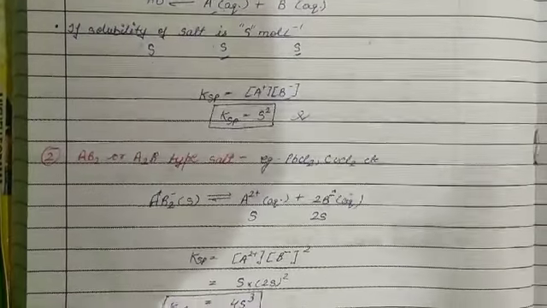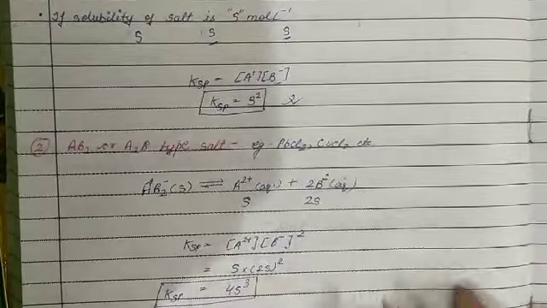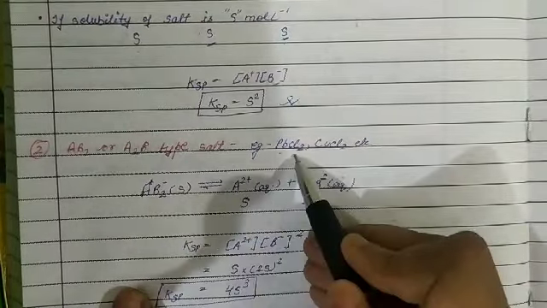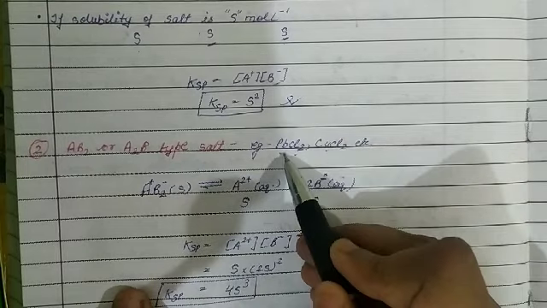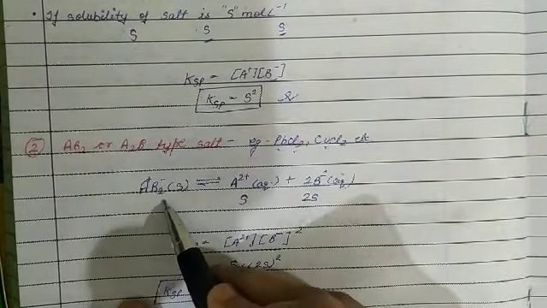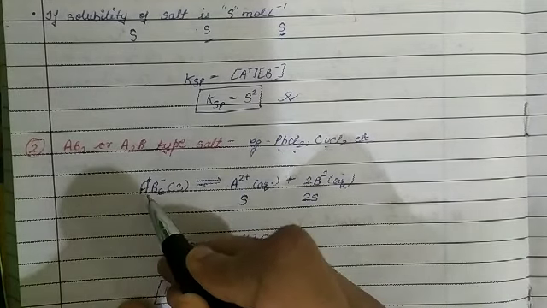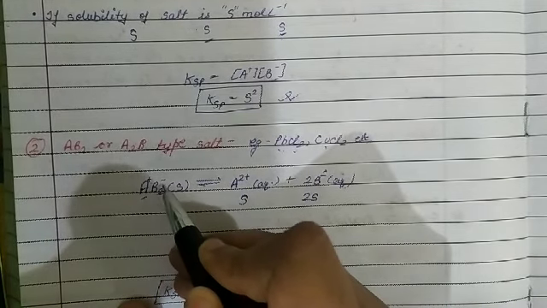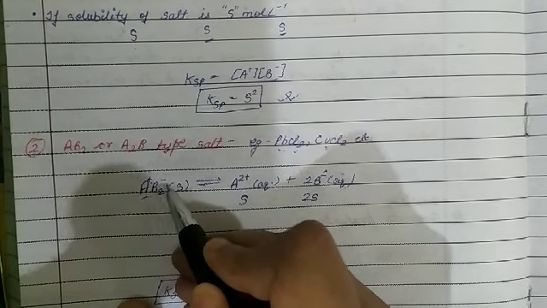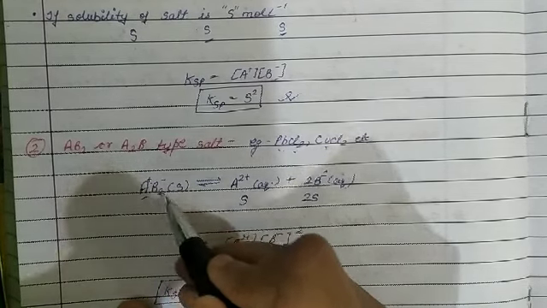Now see the next type of salt. The next type of salt is AB2 or A2B type salt, for example PbCl2, CuCl2, etc. In an AB2 type of salt, as we know, the cationic part comes first and the anionic part comes after. Now cross multiply.